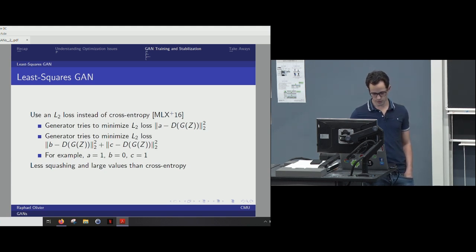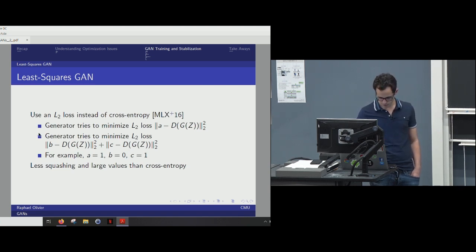So let's say you want to use L2. A thing you can do is fix a set of numbers that are the targets. Let's say the generator is trying to generate outputs that go to a fixed A when you pass them to the discriminator.